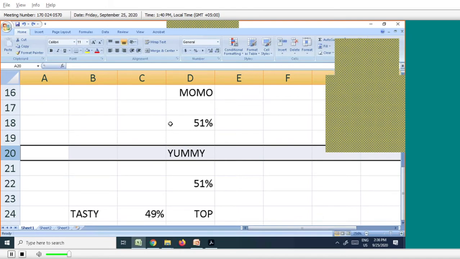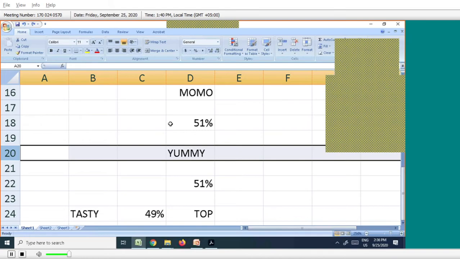Momo and ME, someone has mentioned they did not understand, so I will explain. Momo is controlling ME because Momo has 51% in ME, correct? Then ME is controlling top because ME has 51% in top, correct? Now compare Momo and top.